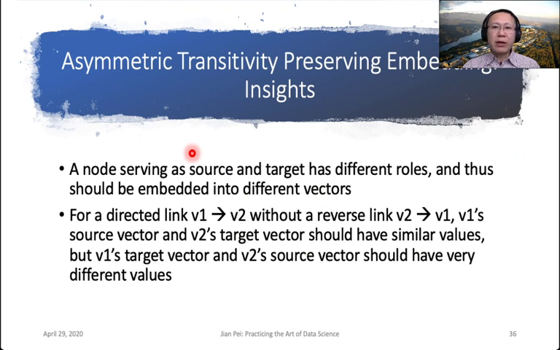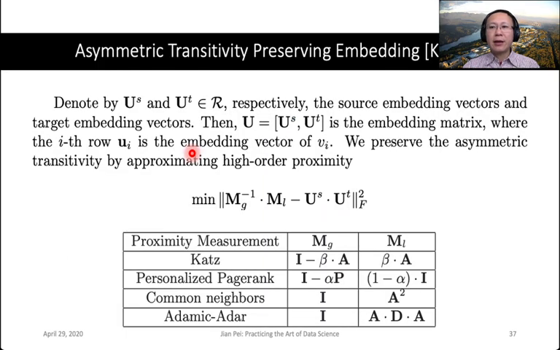Instead of mapping one node into one point in the vector space, what we can do is map one node into two different vectors in the vector space. The details can be seen in our KDD 2016 paper, and I will skip the details here.